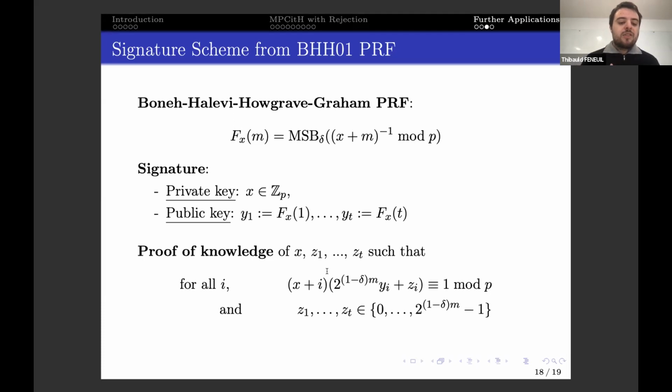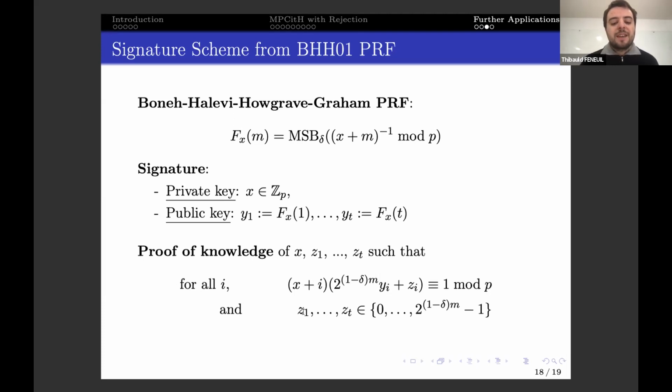And the signature will be a non-interactive proof of knowledge of the secret X and the least significant bits of the inverse in the PRF. And so the proof proves that if we concatenate the least significant bits with the most significant bits, we get the inverse of X plus the message.